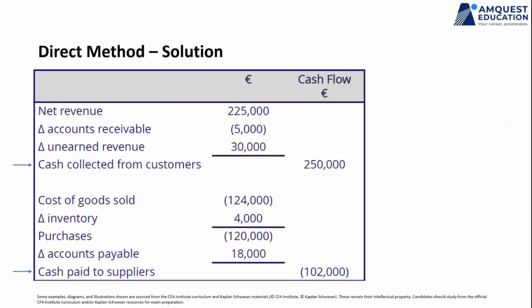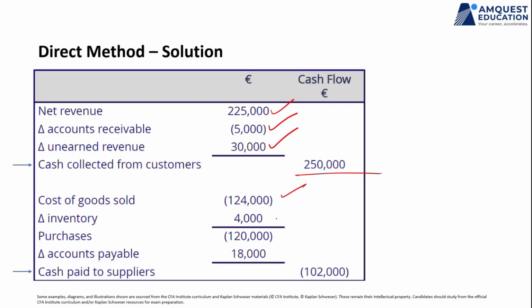So your first set of math works like this. Net revenue minus increase in receivables plus increase in liability, cash collected from customers.